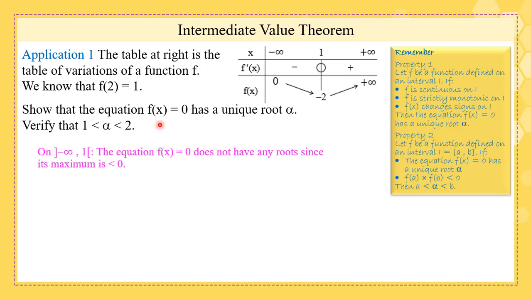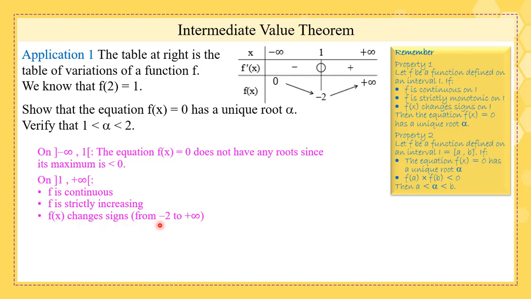Let's see the answer. Well, on the interval (-∞, 1], we can see that the equation f of x equals 0 doesn't have any roots since its maximum is less than 0. This is its maximum, and remember here that 0 is not attained. On the interval [1, +∞), we can see that f is continuous, f is strictly increasing, and f of x changes signs from -2 to +∞. So we can say that the equation f of x equals 0 has a unique root alpha.